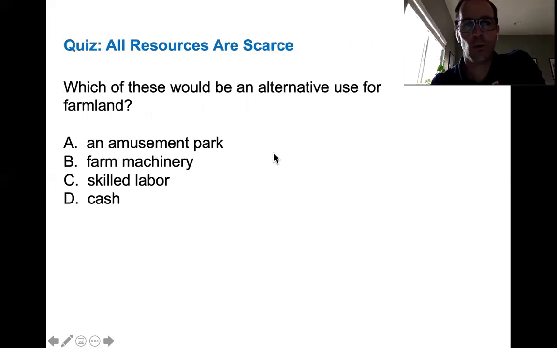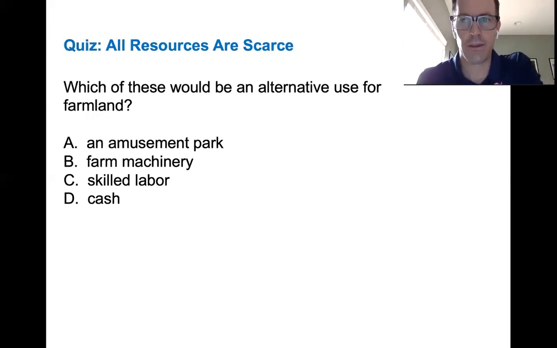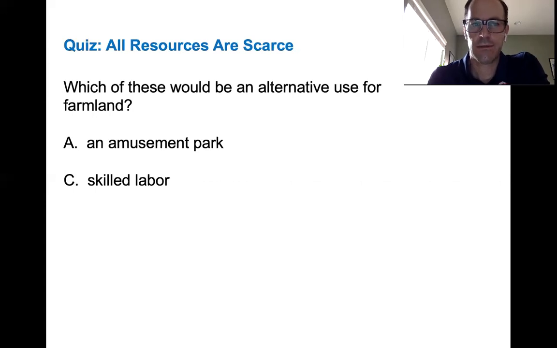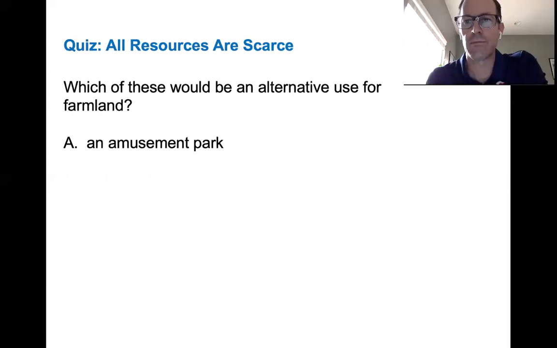And lastly, which of these would be an alternative use for farmland? And this is a major theme in American Western history right now, the conversion of farmland for other uses. Now, what do you think that you could use it for? Okay. Skilled labor, not it's human capital. Oh, an amusement park.